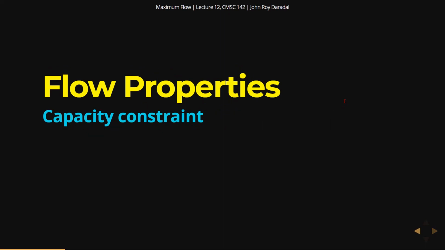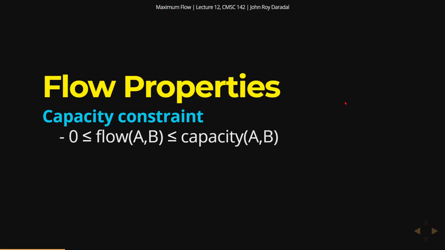Now, when we send the flow through the network, we must follow 3 properties. The first, which I already mentioned, is the capacity constraint. The flow should not exceed the capacity, so it should range from 0 up to the capacity of that edge.